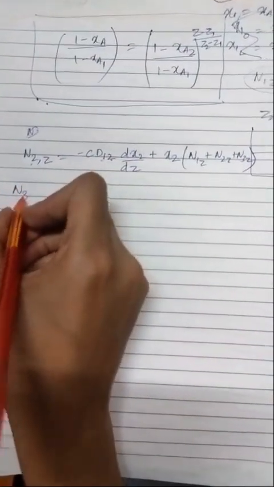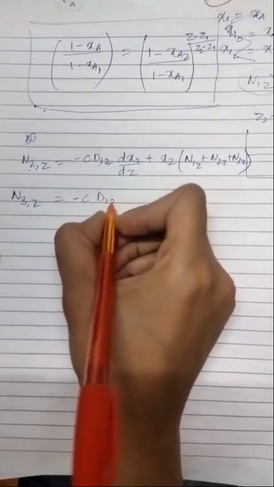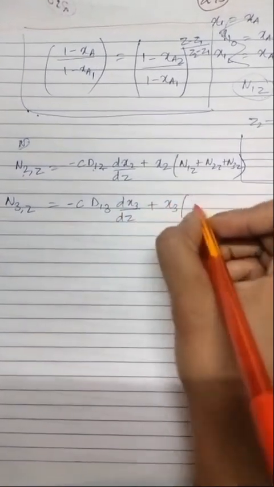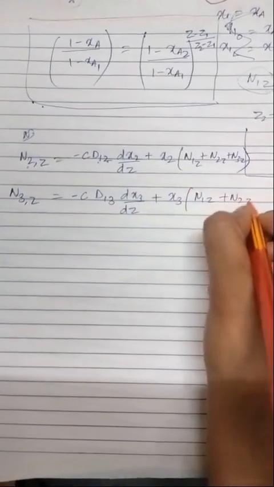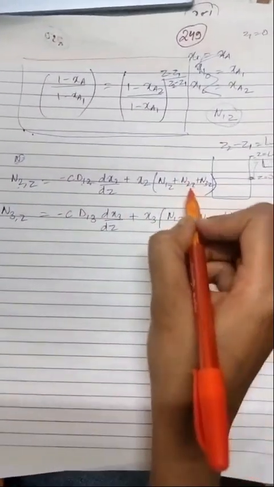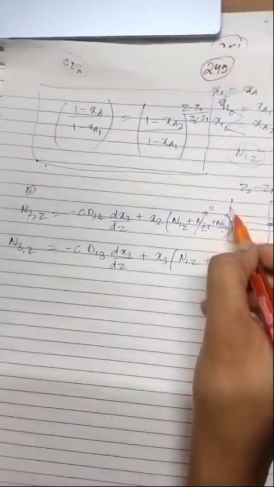Similarly, for N3Z, the equation will be like minus C D13 dx3 upon dz plus x3 into N1Z plus N2Z plus N3Z. Now we know N2 and N3 are 0. So this is 0 and this is 0.